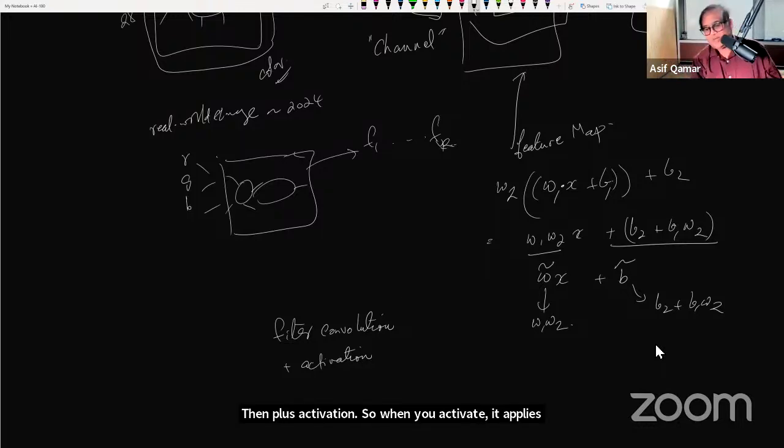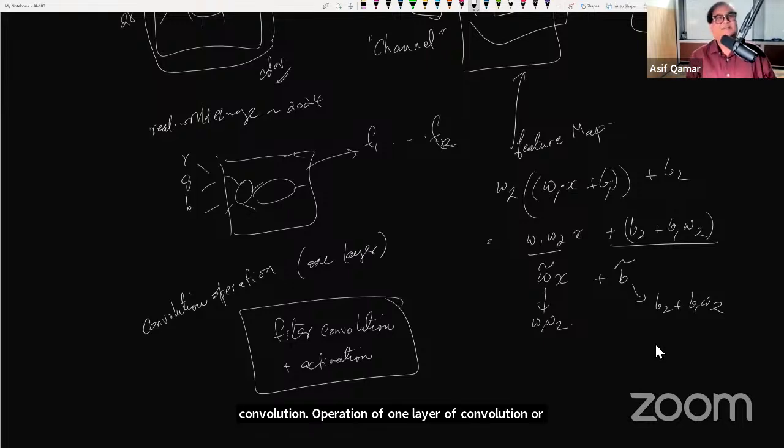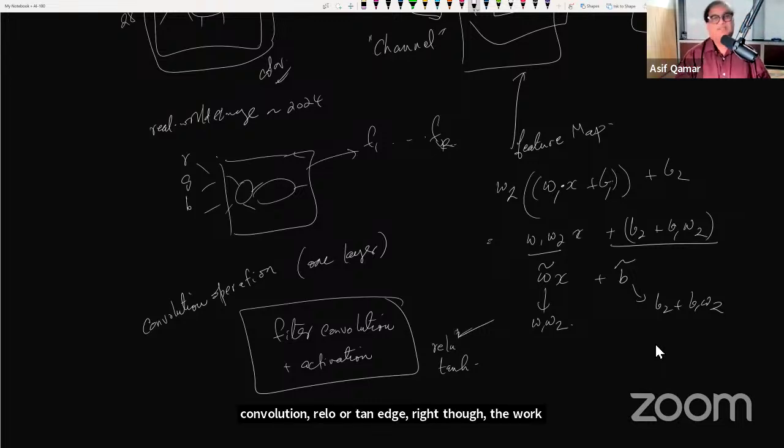So you say that one convolution operation, or people also say one layer, is this, right? And you can pick your convolution, ReLU or TANH, right? The work of Geoffrey Hinton and these people brought about the fact that it's a good idea to use ReLU, right?